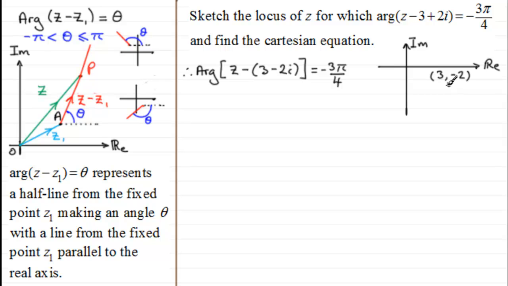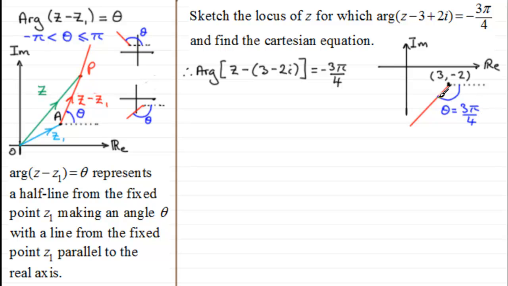Then at this point we've got our half line going at an angle of -3π/4 radians. So if I draw a dotted line across here, this angle in here, let's call it theta, is equal to 3π/4 radians.